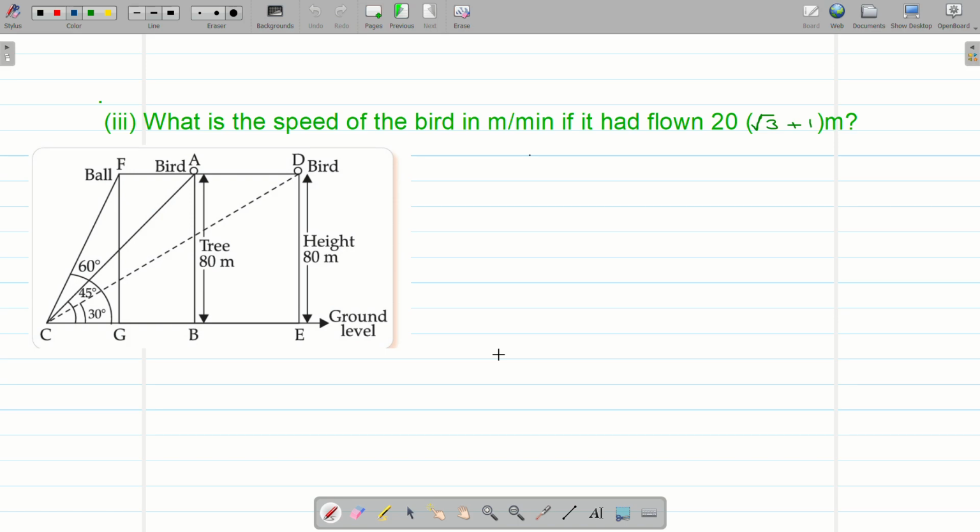You know the speed is equal to distance upon time, and you have to find the speed in meter per minute.